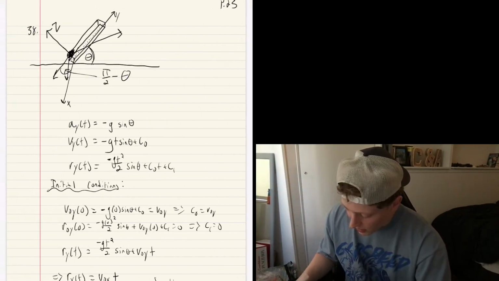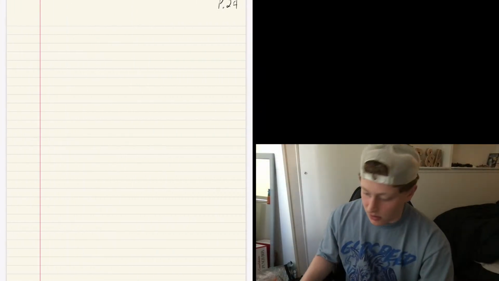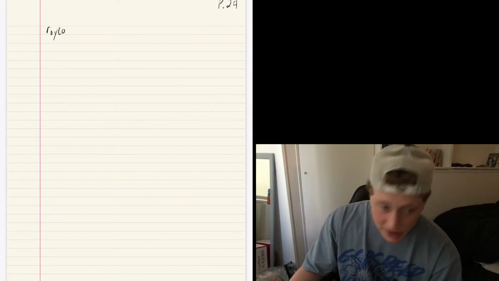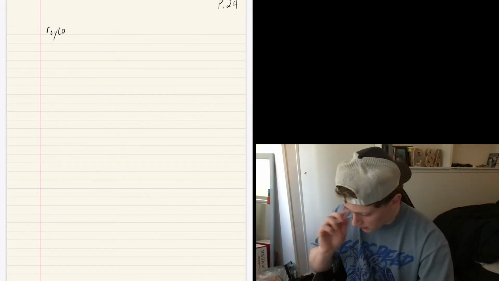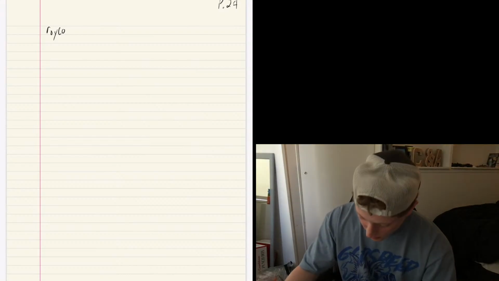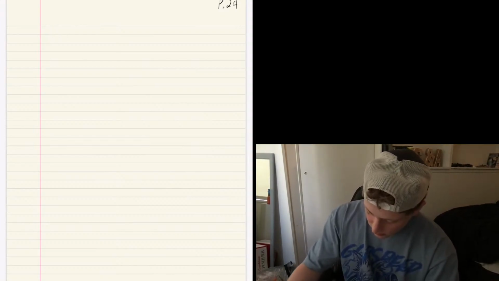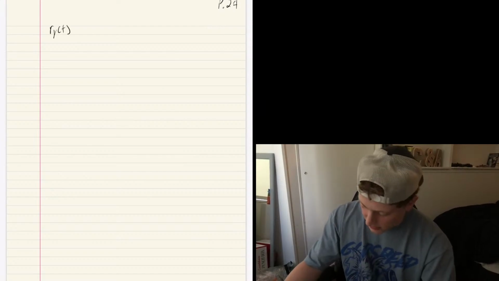So we need to find when the position of y is 0, because that's when our whole trail thing will end. So we have r0, and we know that it's 0 at t equals 0. And I think we did this last time, if I remember correctly. We want when this is equal to 0.